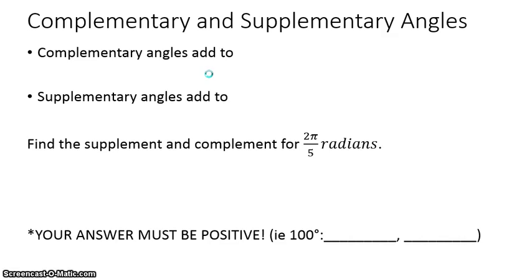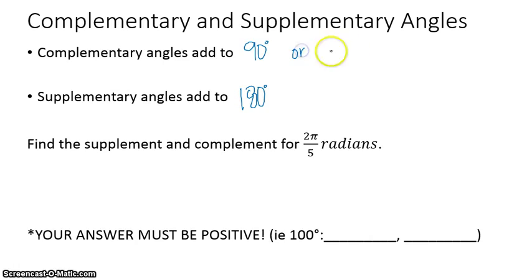Complementary and supplementary angles. We have done this back in middle school and in high school some more. Complementary angles add to 90 degrees. Supplementary angles add to 180 degrees. Except now we do more than just degrees, we also do radians.